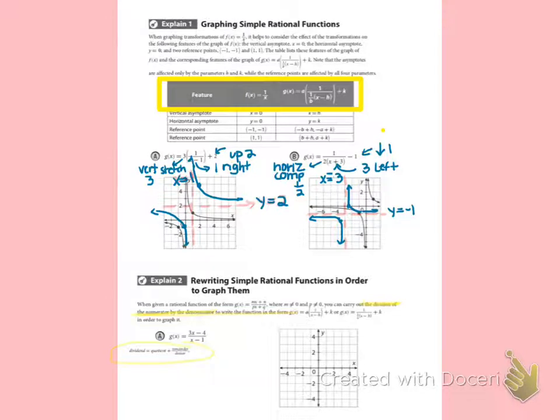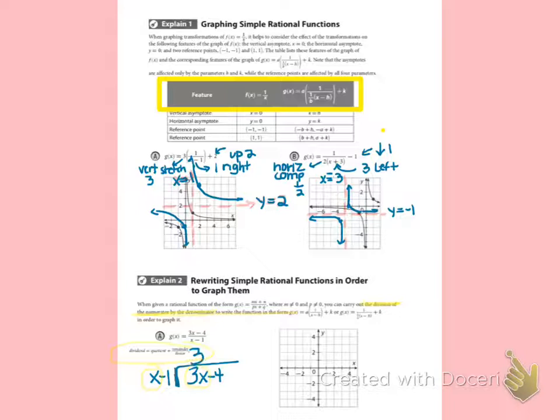So again, if it's not in that form, step one is we're going to try to divide. So we're going to take and divide the 3x minus 4 by the x minus 1. So again, when we divide with long division, we're going to see how many times does the first go into the first, and you can see that just goes in there 3 times.